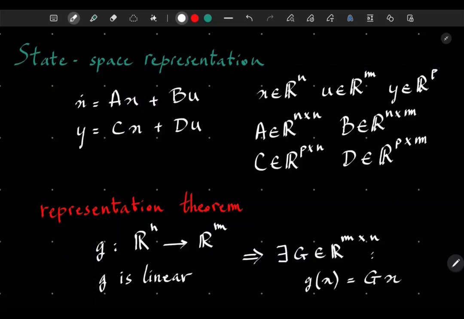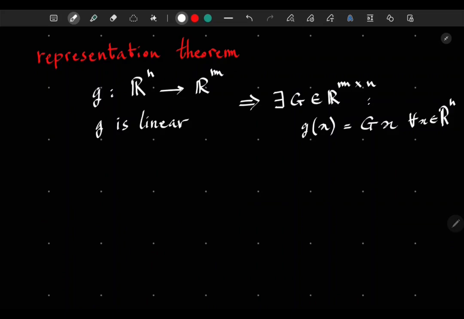And this is true for each x in R to the n. The proof of this result is quite easy, so let's quickly go through it.